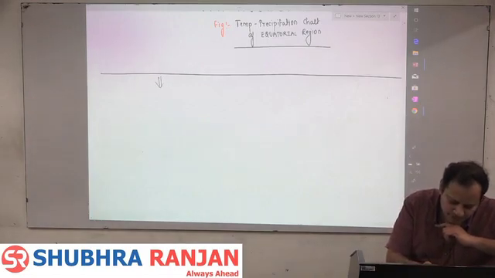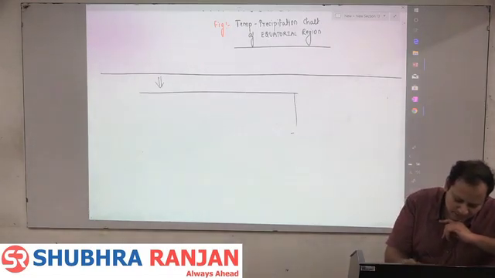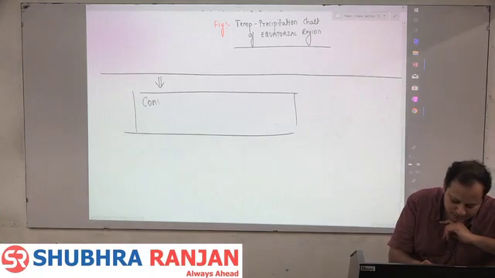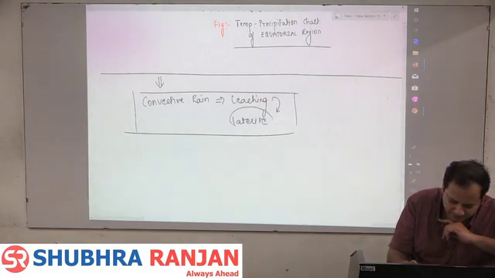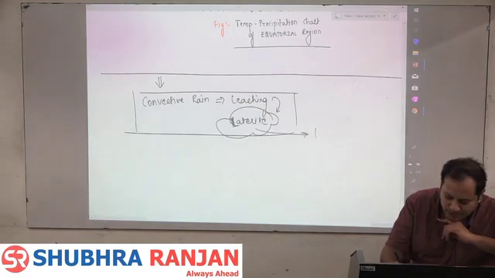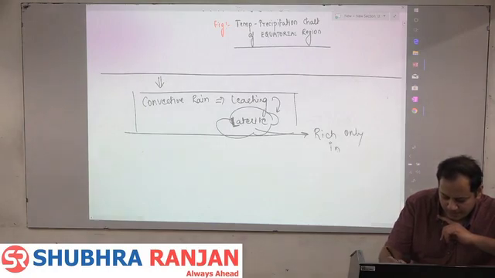In fact, आप पढ़ते हो, ये जीएस के लिए याद रखना, convective rain is associated with leaching. That is, it makes the soil lateritic soil. This soil is rich only in aluminium and iron.